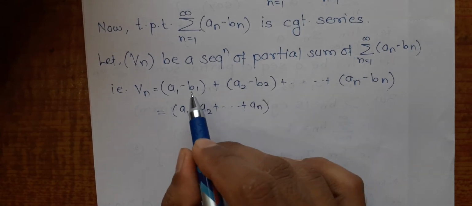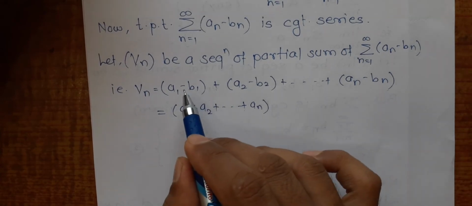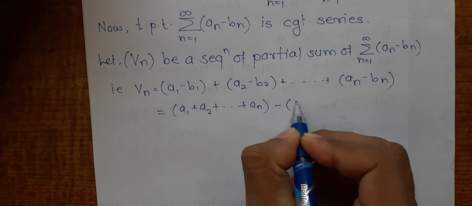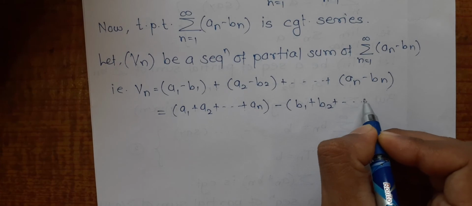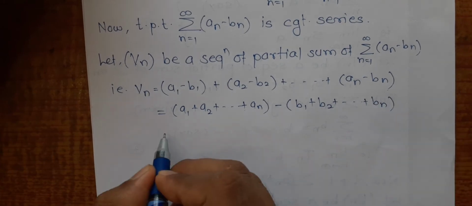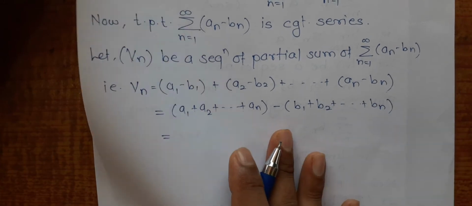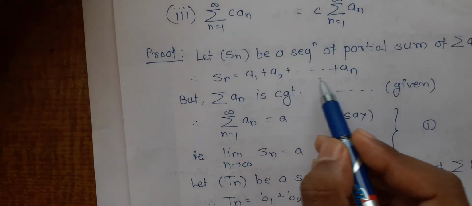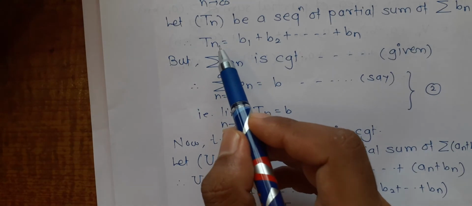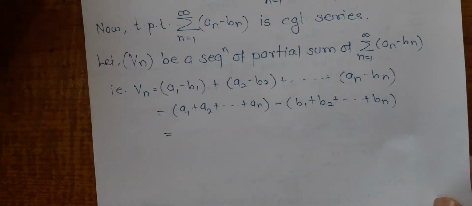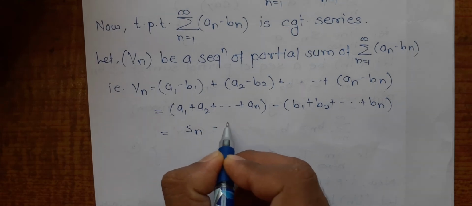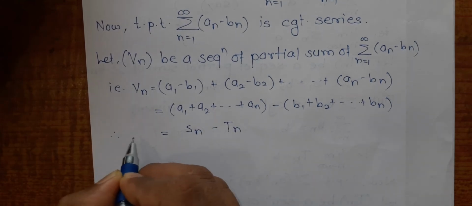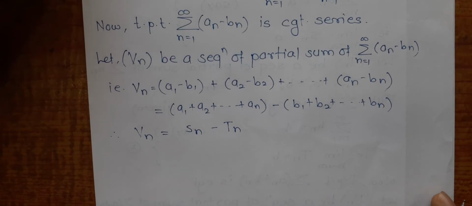After that, I will consider all the b's, but they have a minus sign, so I can take the minus sign common: b1 plus b2 plus and so on to b_n. But you know that a1 plus a2 plus up to a_n is nothing but S_n, and b1 plus b2 plus up to b_n is nothing but T_n. So V_n is equal to S_n minus T_n.